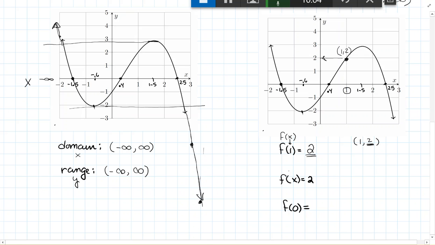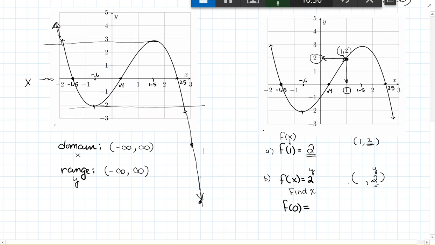The other way of looking at this problem, so these are like separate problems here, f of x equals 2. The output is the y value. So now you're looking for x. So we go to the y-axis up to the number 2, slide back and find the corresponding x value.